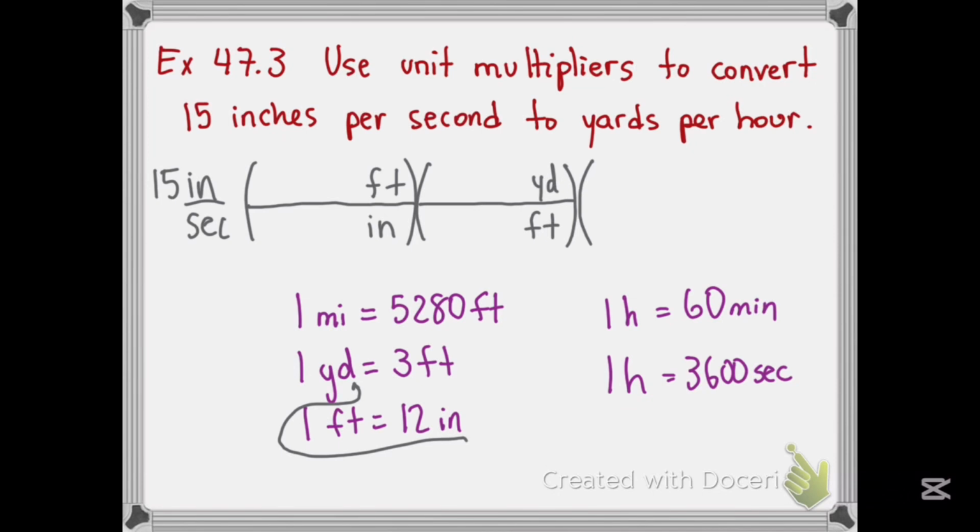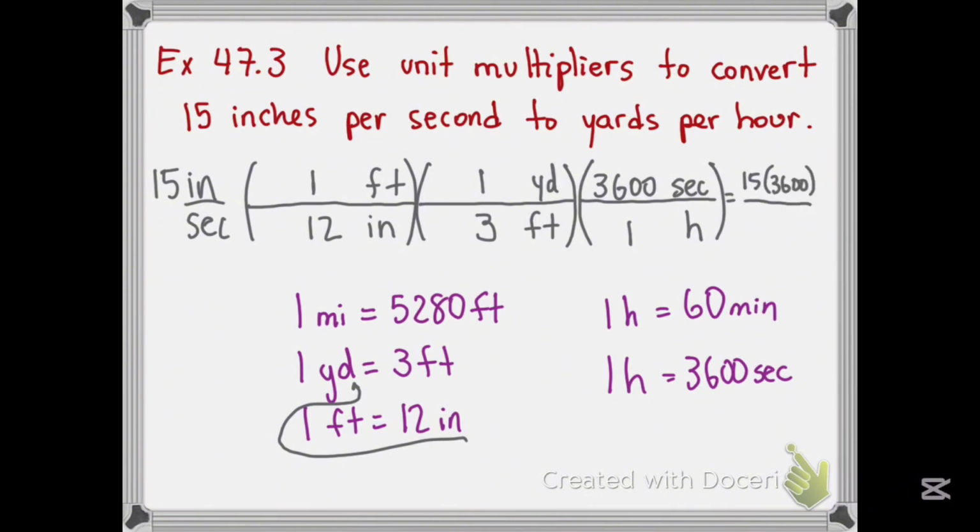Then let's keep going. We're going to put here the seconds on the top and the hours on the bottom. So again, we go 1 foot equals 12 inches, 1 yard equals 3 feet, and 1 hour equals 3,600 seconds. And again, if we simplify that and multiply, we have 15 times 3,600.